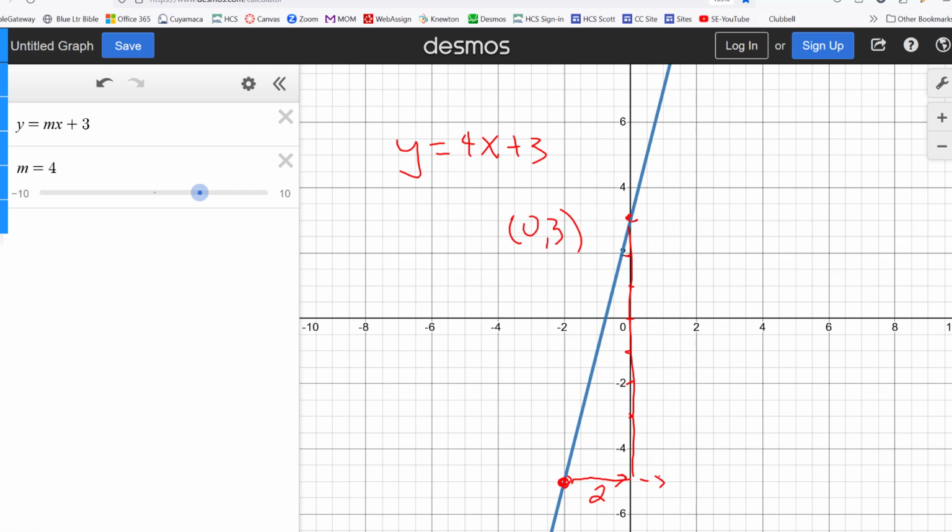Now, we have to be careful because the axis is counting by 2s, but I'm going up 8 spaces. So the rise is +8 because I went up. It's forward 2, so that's a +2, and 8 over 2 is 4. The slope is 4. That matches what happened. When we plugged in 4 for m, the slope was 4. Let's do one more of these real quick.